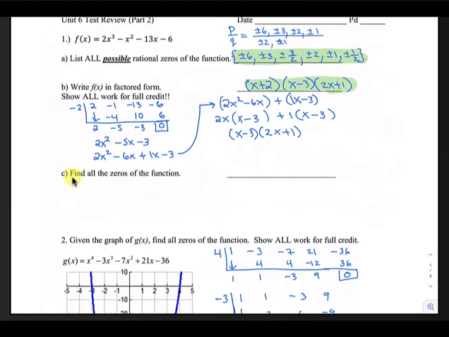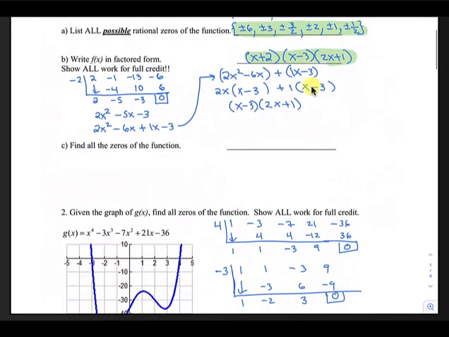All right, now for part C, it says find all the zeros. Well, to find all the zeros, we take the factors from part B and set those equal to 0 and find the zeros. So from the x plus 2, we're going to get a zero of -2.